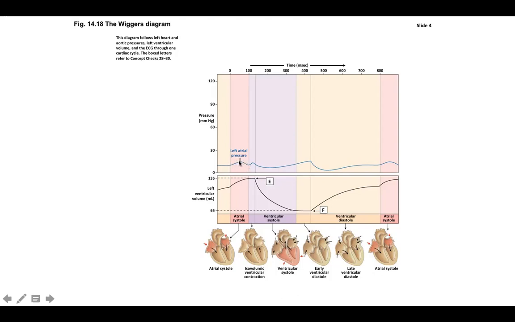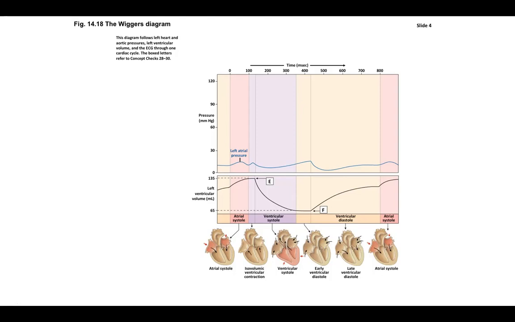After the atrial systole phase, now you're into this ventricular systole phase where you have no change in volume in the ventricle. So this is the isovolumic ventricular contraction, and the valve is now closing.